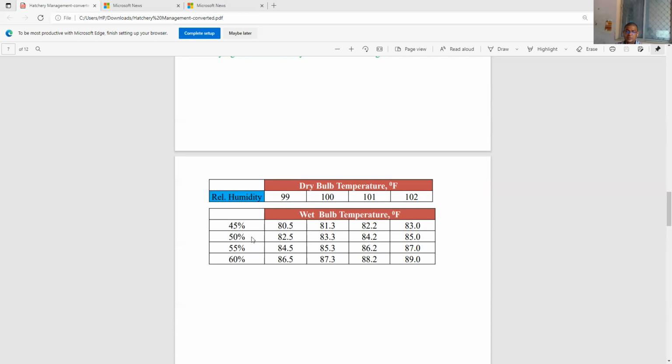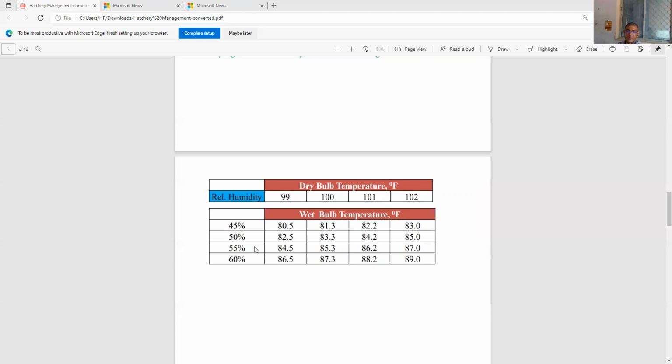In the case of 50% relative humidity, the dry bulb temperature varies from 99 to 102 degrees Fahrenheit, whereas the wet bulb temperature varies from 82.5 to 85 degrees Fahrenheit.